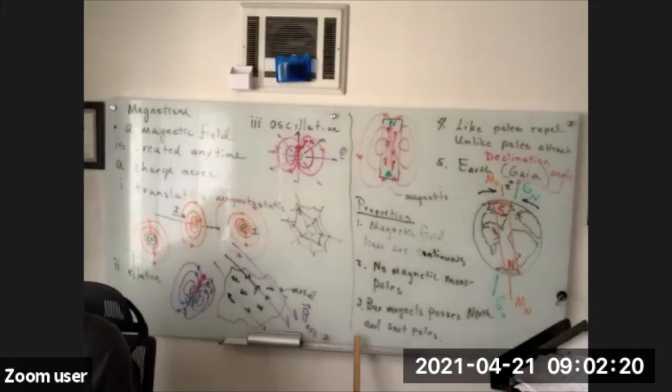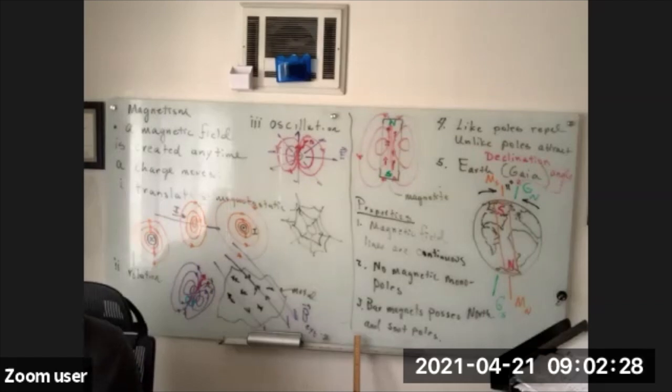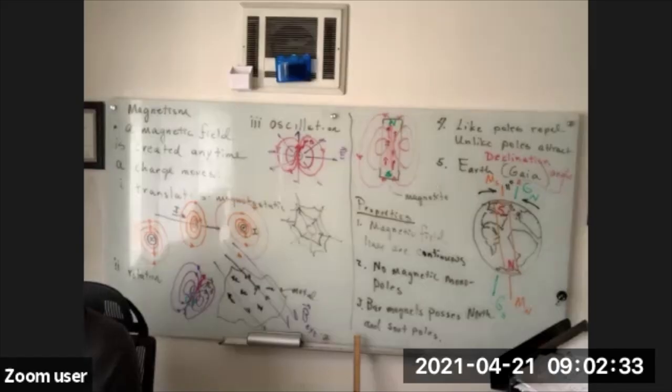Is there a reason why magnetic north and geographic north are different sides? What do you mean? Well, I guess I would say that one reason is because of the orientation of the field lines.